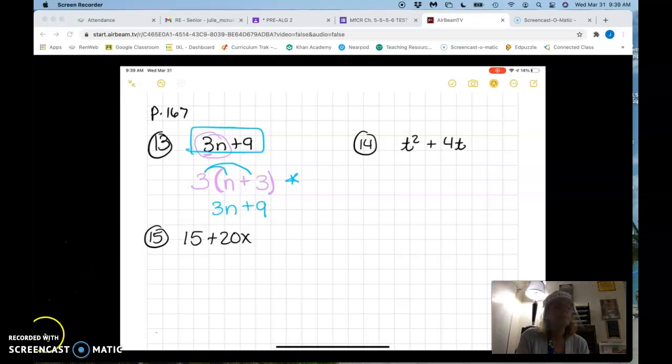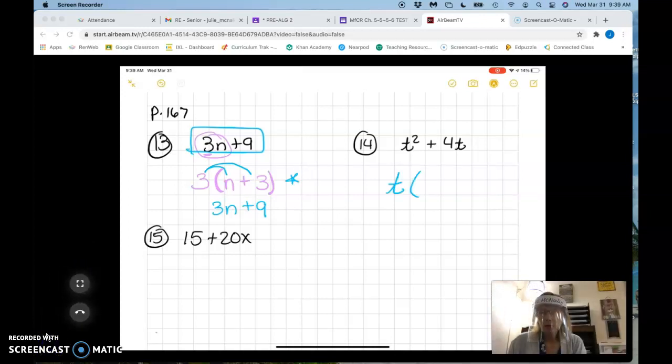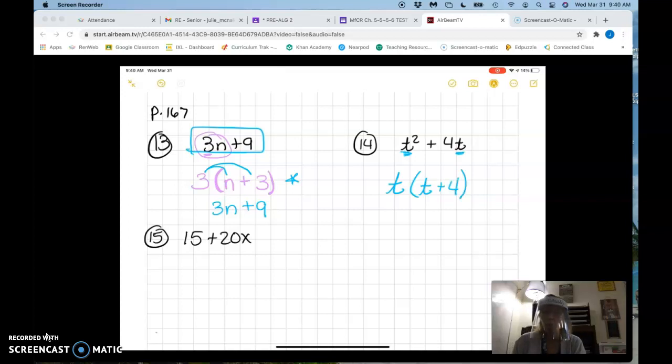We're going to take t out of this expression. If I take a t away from the t squared, that means I'm left with 1t still. But if I take a t away from 4t, that means I'm just left with 4.